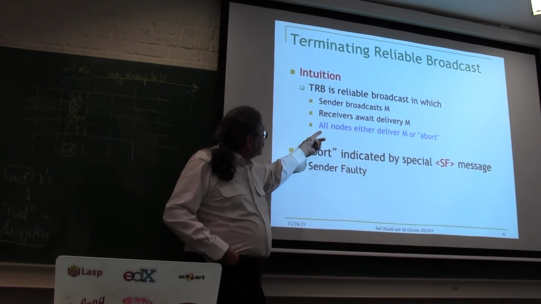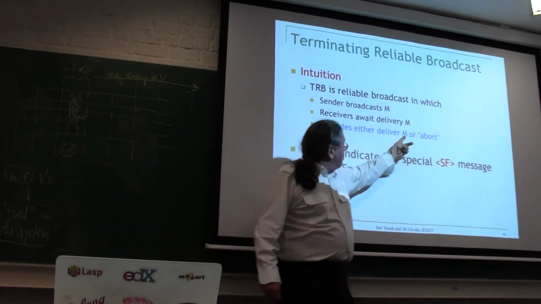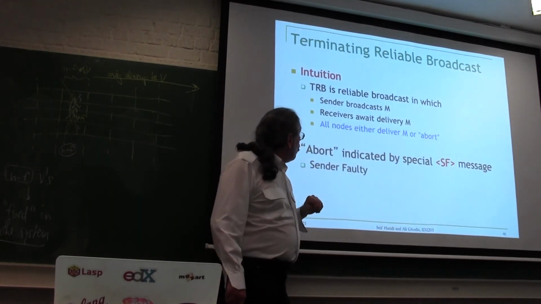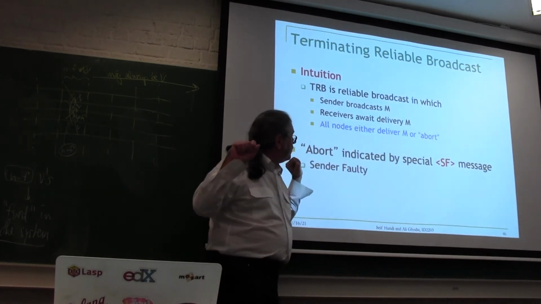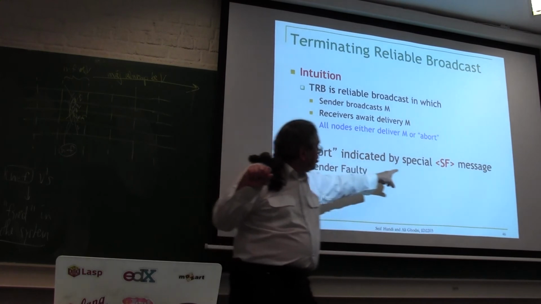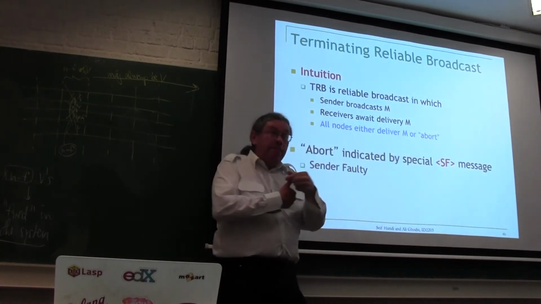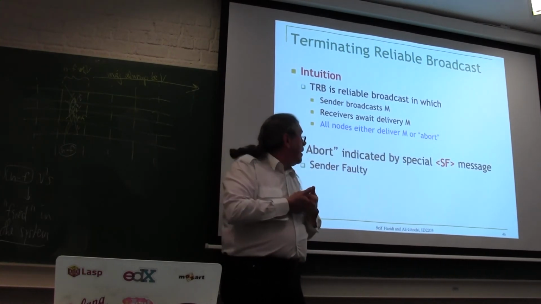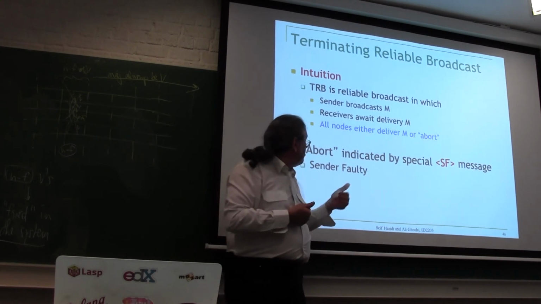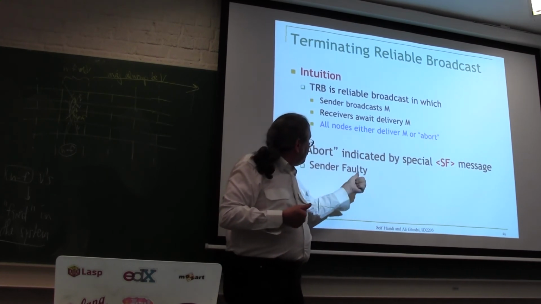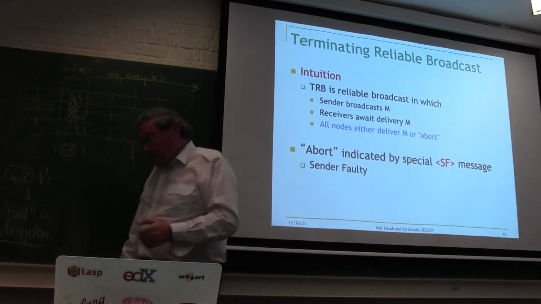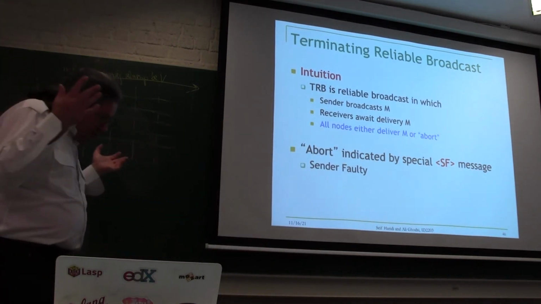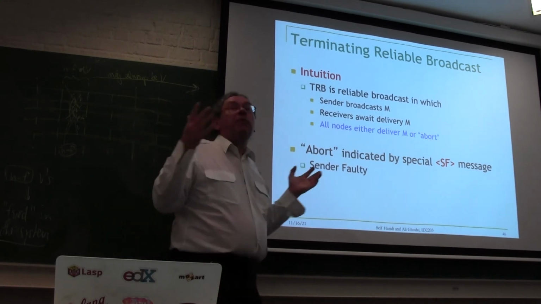The receivers will either deliver M, or they will know that it's done. They will abort, but abort is like a special message. They will either get the message M, or they will get a special message, sender faulty, an SF message, saying that, sorry, you didn't get M, but the algorithm is done.